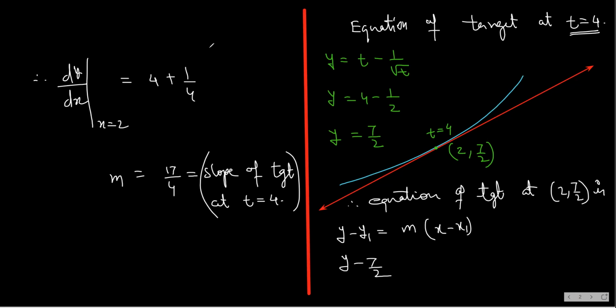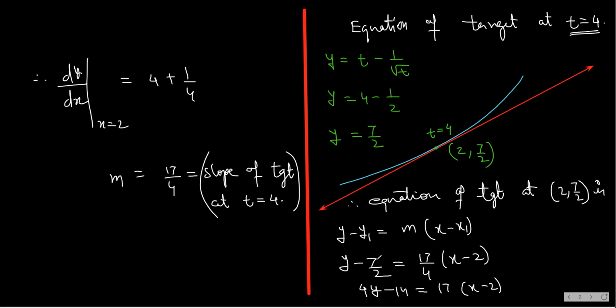So y minus 7 by 2 equals m, which is 17 by 4, into x minus 2. You can multiply throughout by 4, you will get 4y minus 14 equals 17 times x minus 2. I'm multiplying throughout by 4. So this becomes 4y.